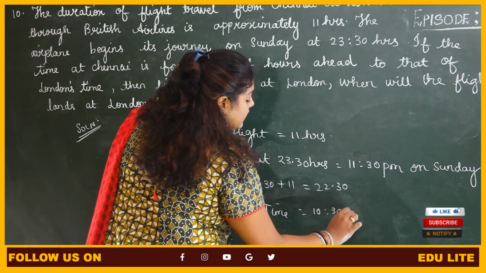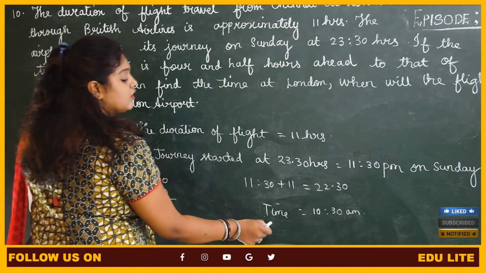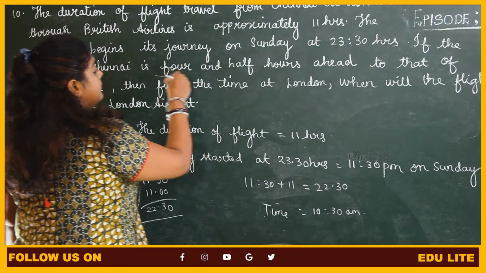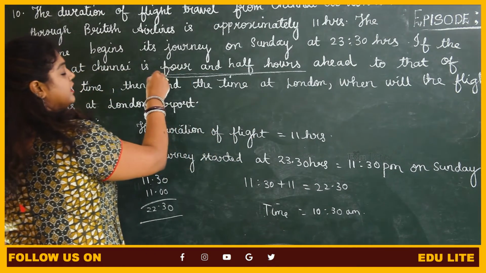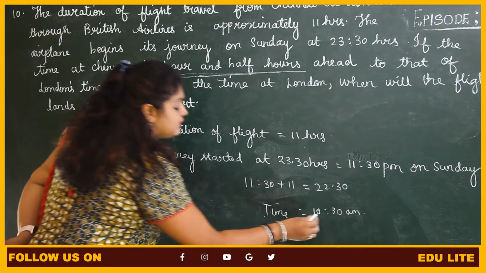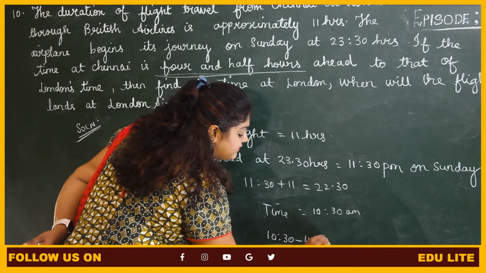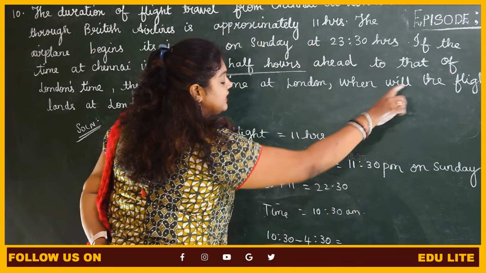So 22:30 in the sense the time is 10:30 a.m. Now what is given is, this is according to Chennai's time, but Chennai's time is 4.5 hours ahead when compared to London. So from Chennai's time we have to subtract 4.5 hours to get London's time.